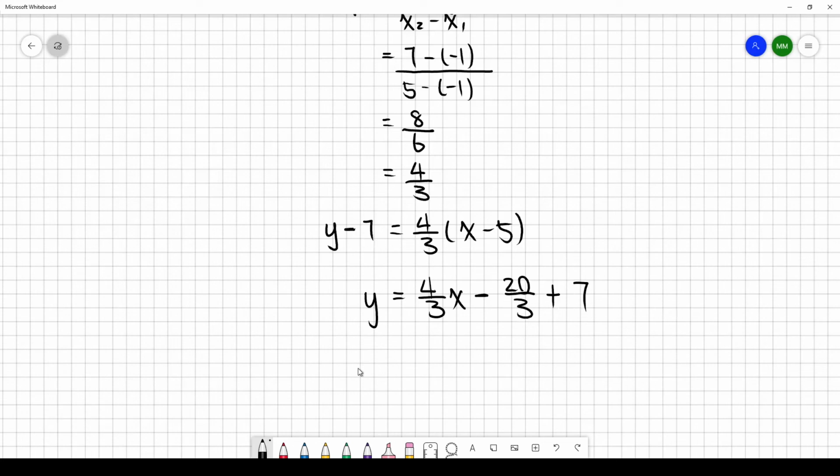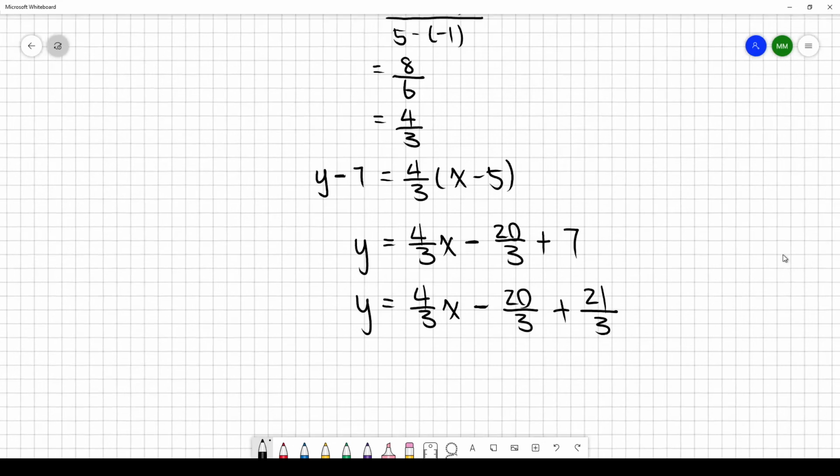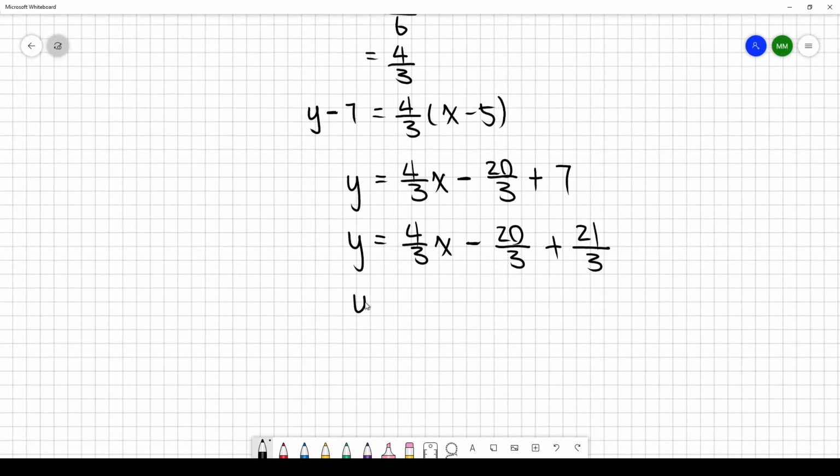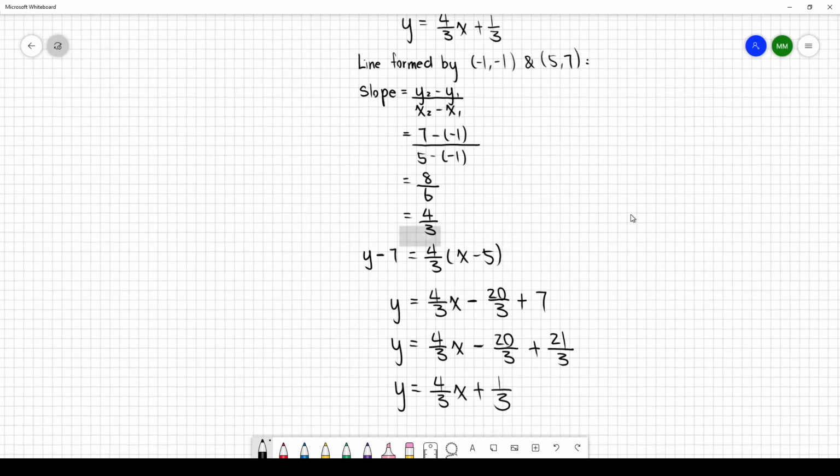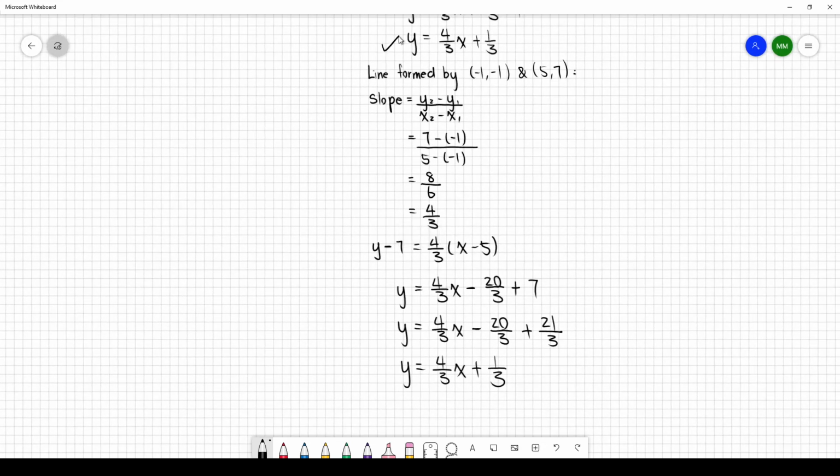Add 7 on both sides. If I get a common denominator so I can add them up, 21 divided by 3. Nope, not 1, 1 over 3. And there you go. We see that they match.